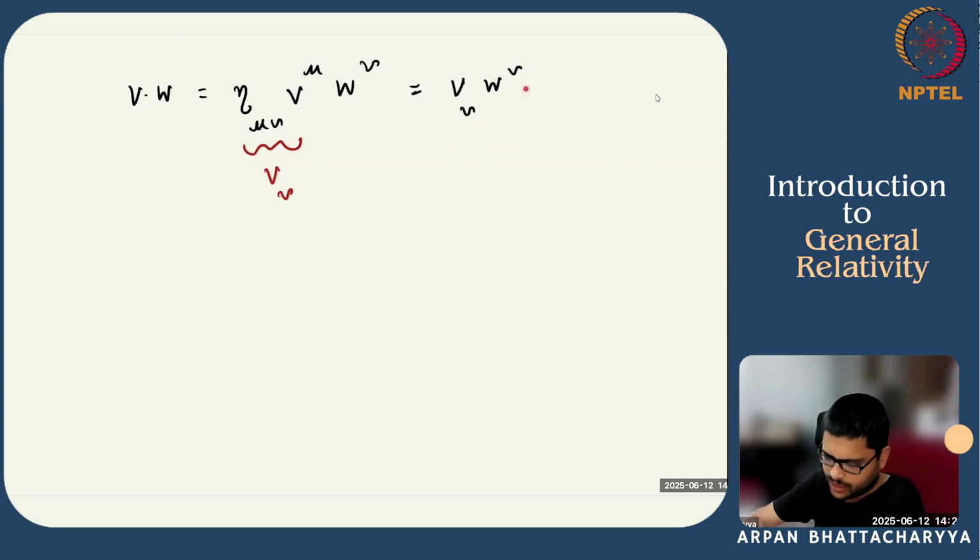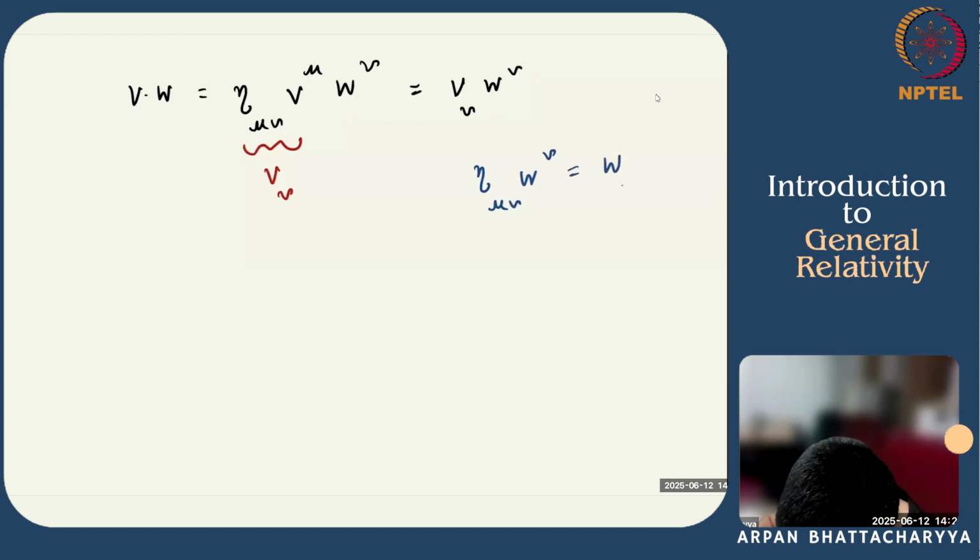All the Lorentz indices are contracted, each an upper index with a lower index, and they are summed over. It makes sense. Analogously, you can also see that η_μν w^ν is nothing but w_μ.